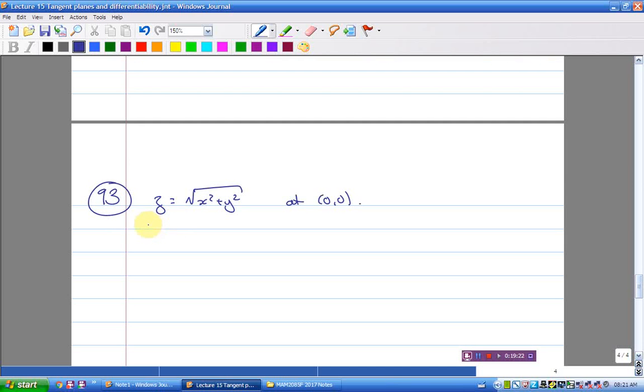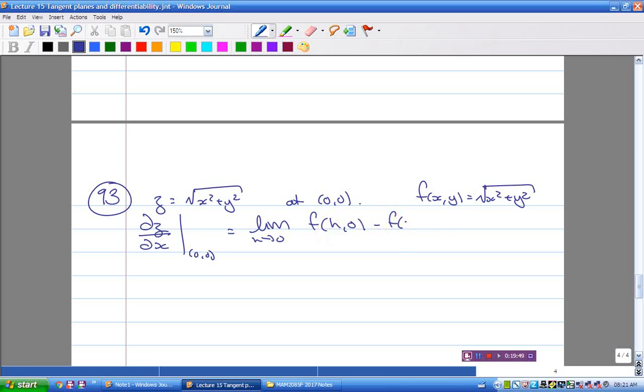So let's do that. dz by dx evaluated at 0, 0 is going to be the limit as h tends to 0 of, I'm going to choose to use this notation just so that I have access to this. So that's f(0 plus h, 0) minus f(0, 0) over h. The z notation is not very convenient for this.